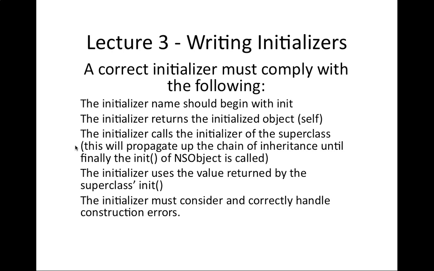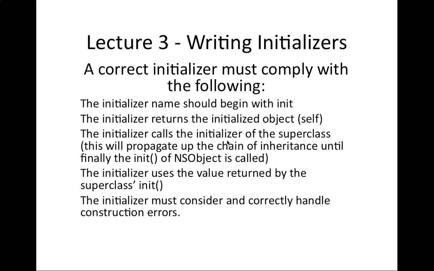Initializers return the initialized object, self. You can use the initializer, as we saw in the previous example, to allocate the memory, to create the object, and to set the base values for the data members that belong in the class, which is what initializers are really good for. That way you never have to put any allocs in the main program.